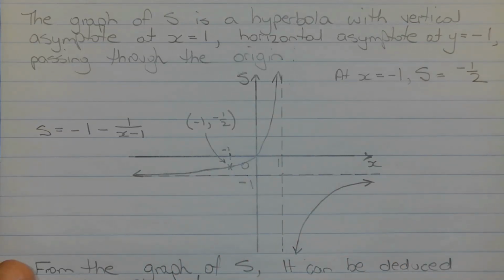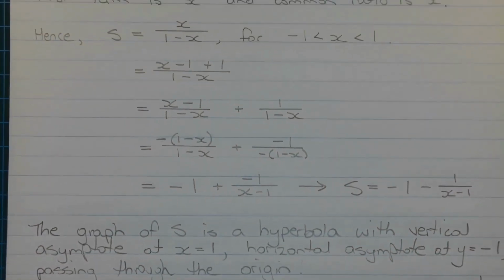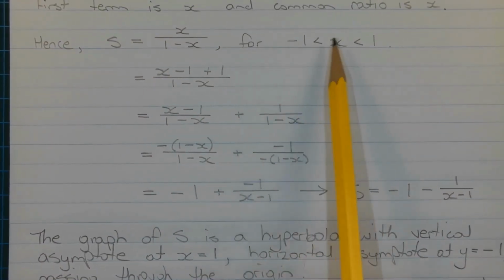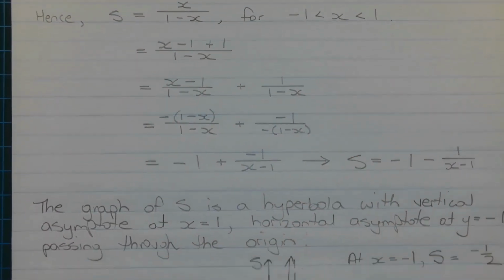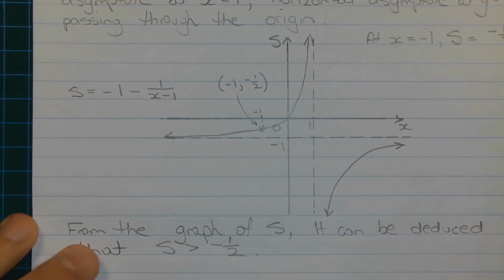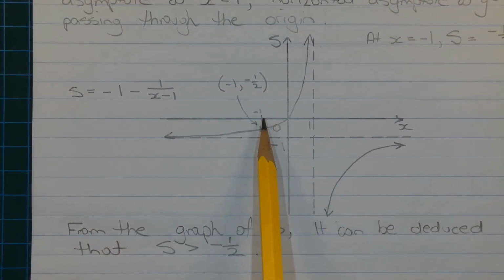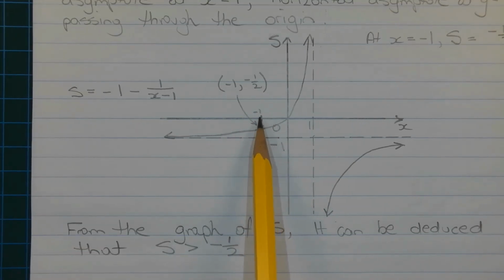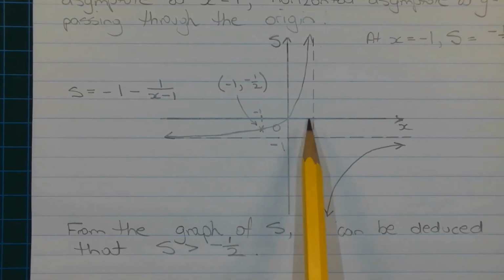Now we know that x has to be a value between -1 and 1, and that was established earlier on. So the values of s that we're interested in have to be in the interval where x is greater than -1 and less than 1.